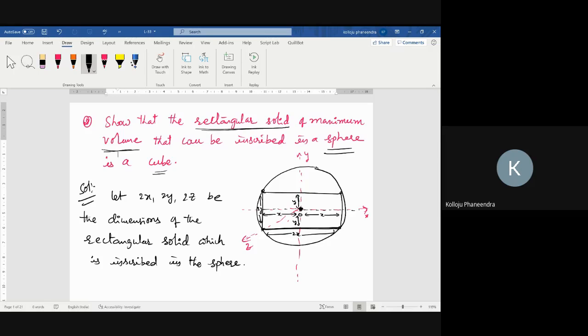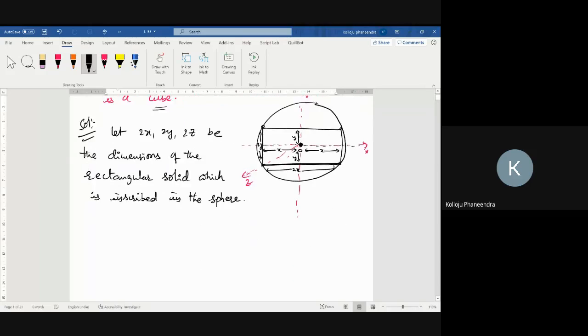Now the dimensions are over. What is given? Show that the rectangular solid of maximum volume is inscribed in the sphere.